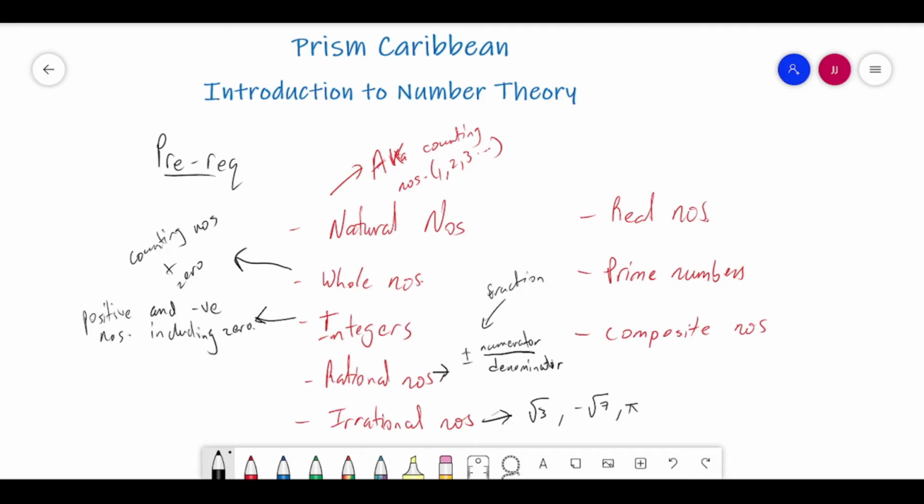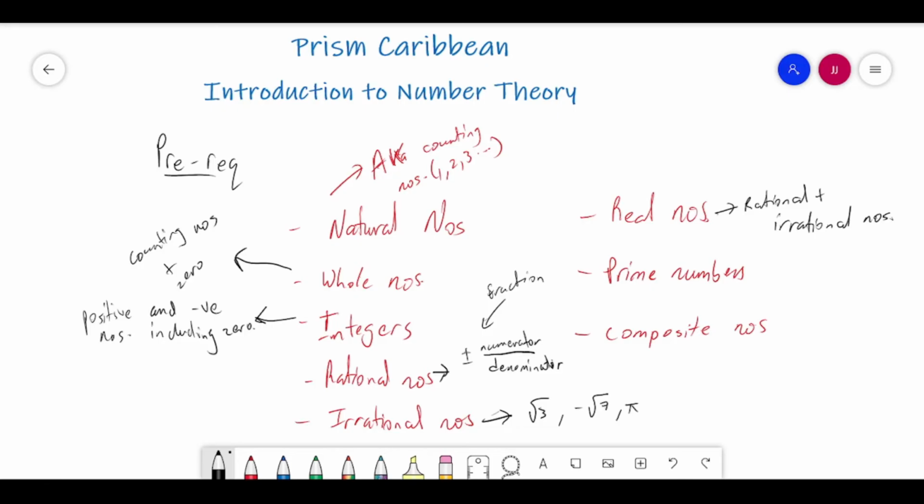So real numbers include rational and irrational numbers. Right? And there is another form of number which you don't really have to get into at this level, called the imaginary numbers, right? Which is denoted by the symbol i, right? But of course you don't have to worry about that right now.